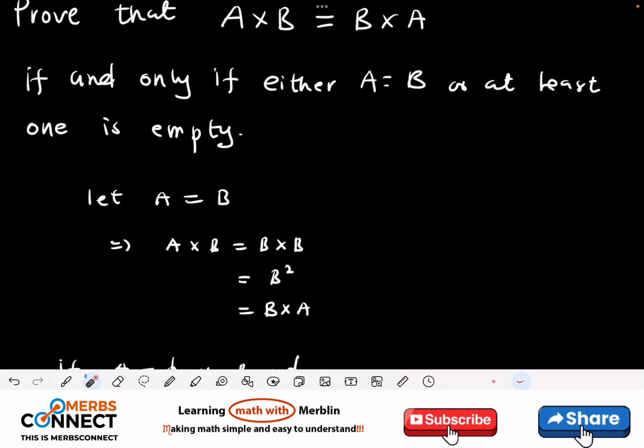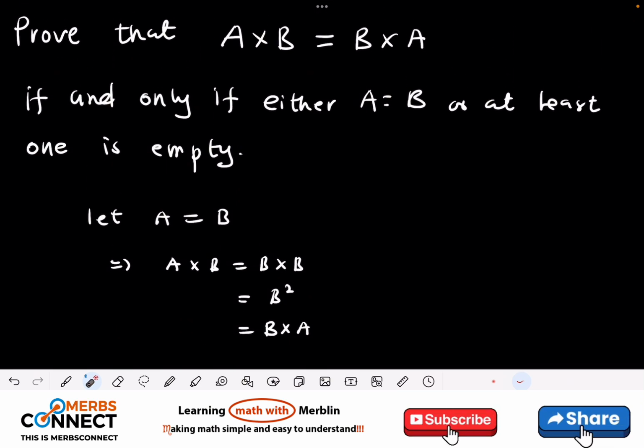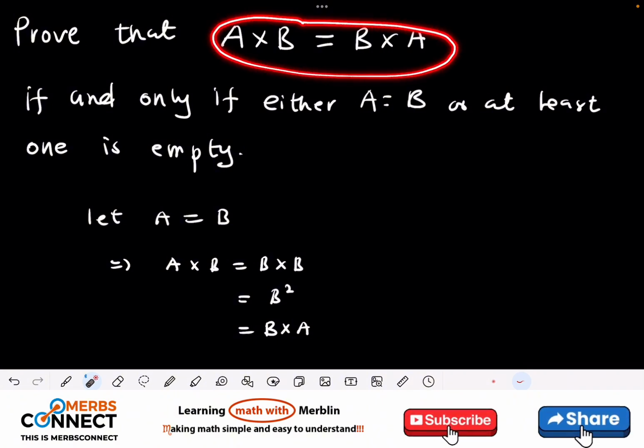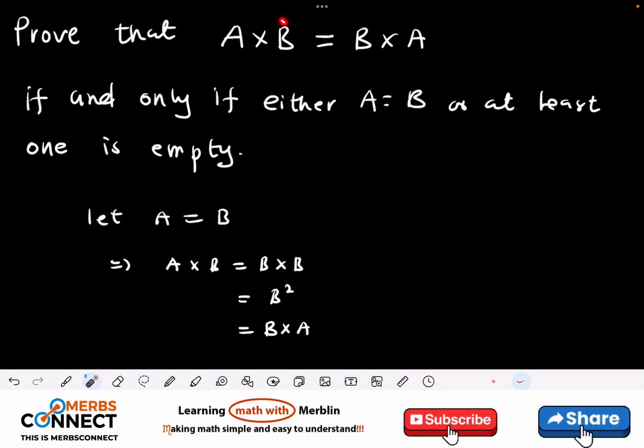Right. So we've used the assumption that either this one is equal to this or at least one of them is what? Empty. So what we are going to do is assume that now this is the same as this, right? And A is not empty, B is not empty.